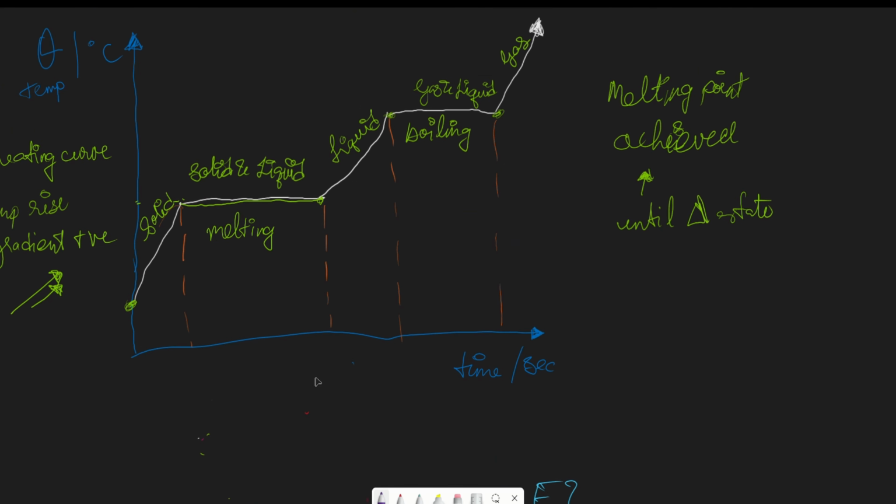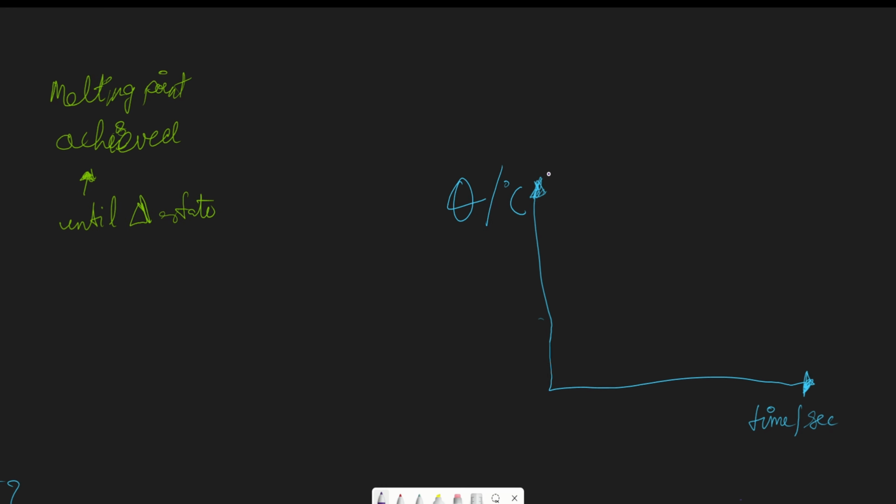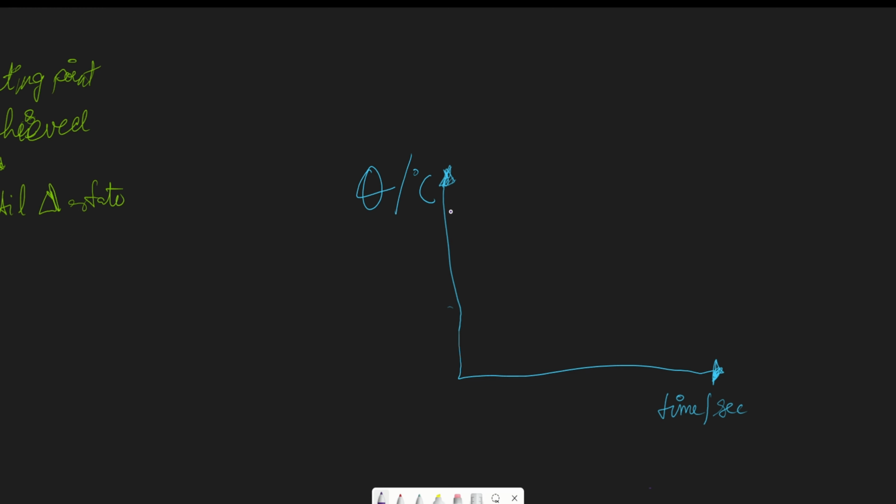Here, let's label it. This is going to be kinetic energy. This is going to be potential energy, kinetic energy, potential energy. This is going to be kinetic energy. Okay. So a cooling curve is going to look something like this.